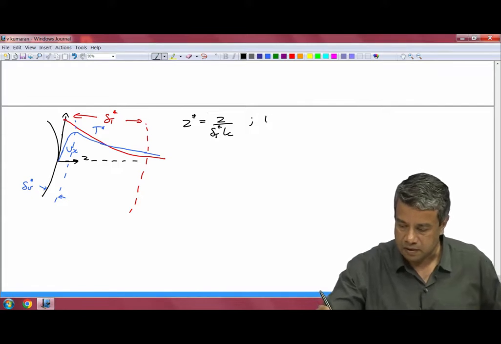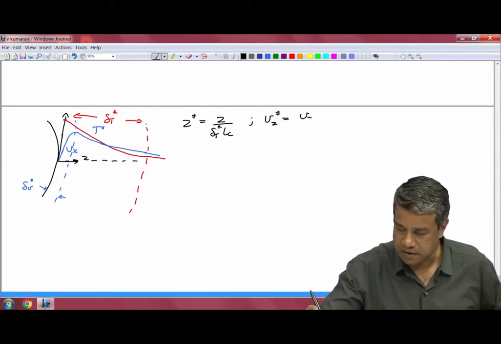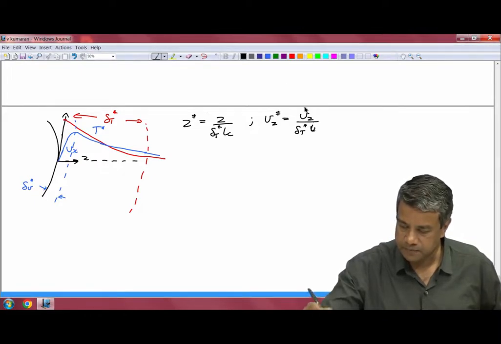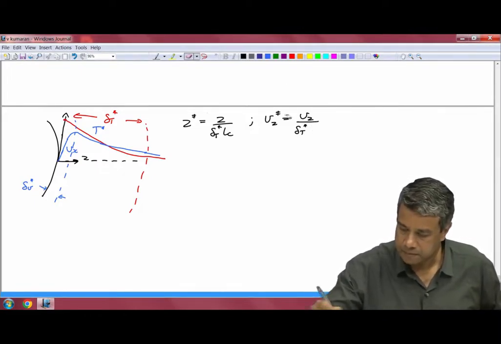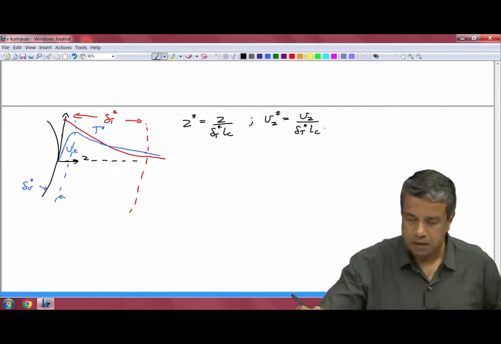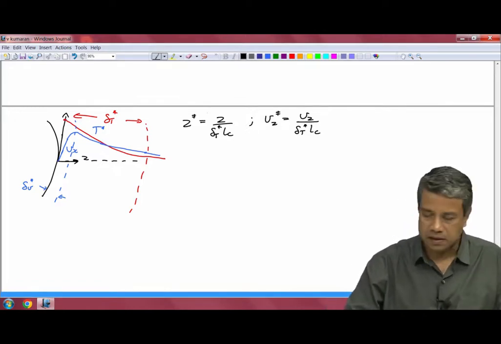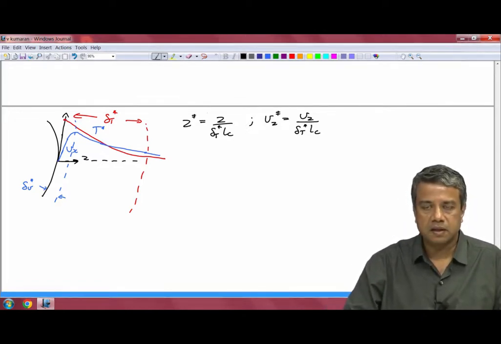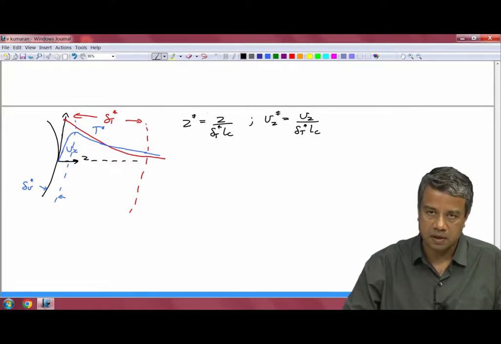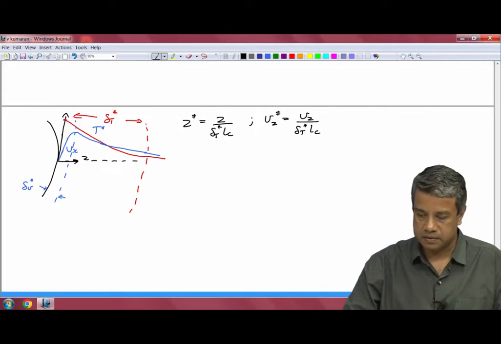And therefore, the cross stream velocity will also be Vz divided by delta T times Lc, and I will determine the thermal boundary layer thickness from the condition that thermal convection and diffusion are comparable within the thermal boundary layer.